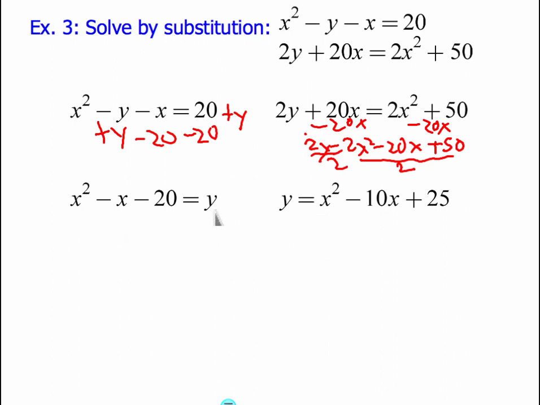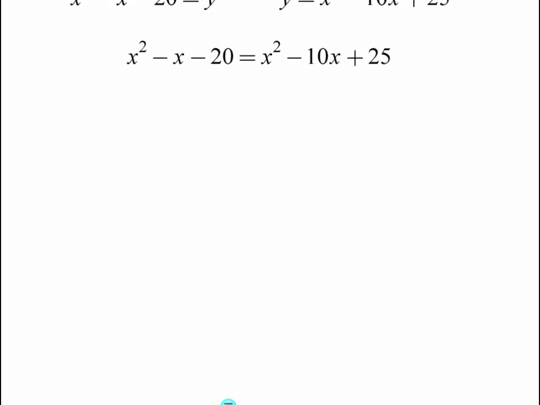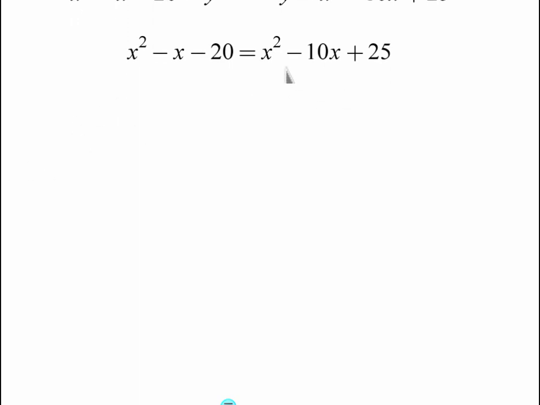So now that I've got my two equations both equal to y, I can set them equal to each other. So now I've got x squared minus 20 equals x squared minus 10x plus 25.